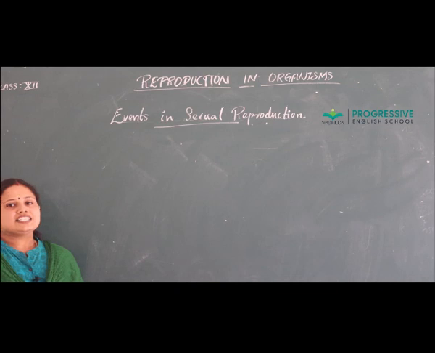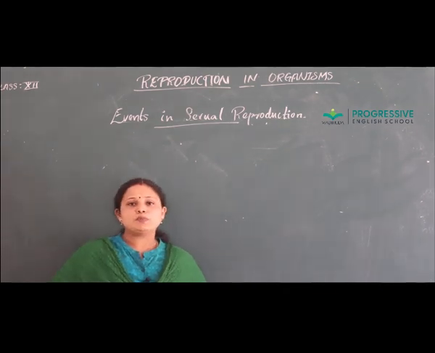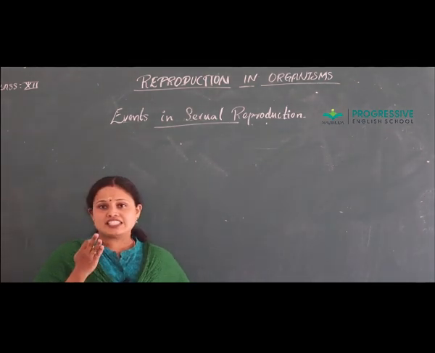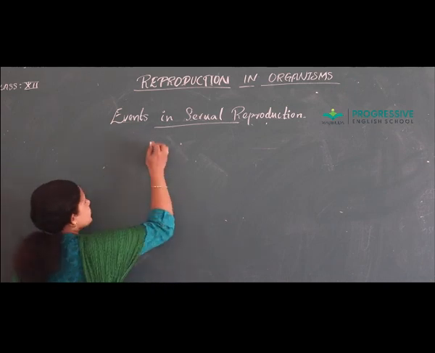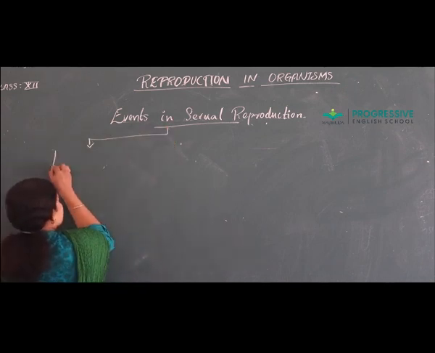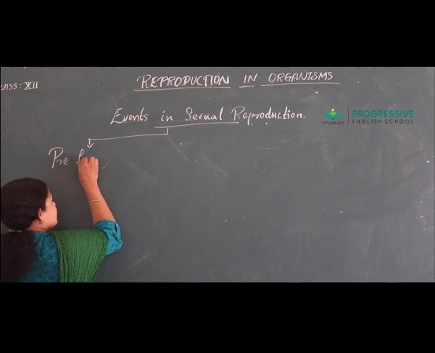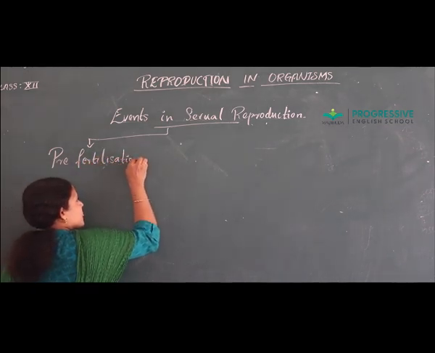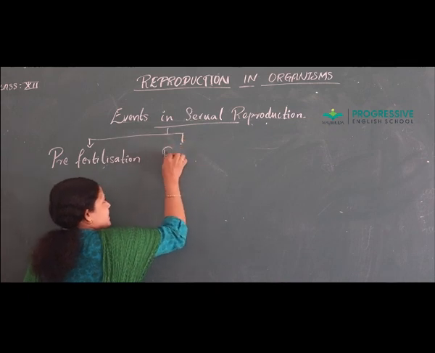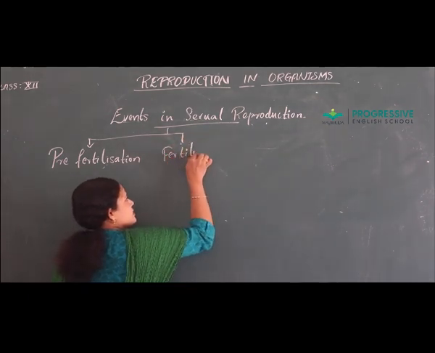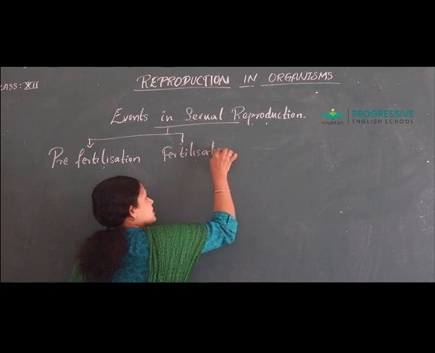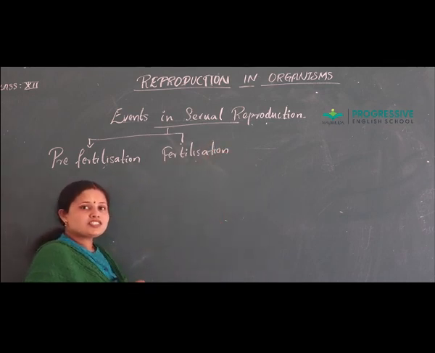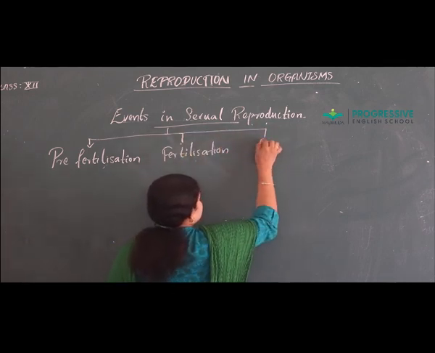And these events in sexual reproduction are grouped into three distinct stages, and they are pre-fertilization, fertilization, and post-fertilization.